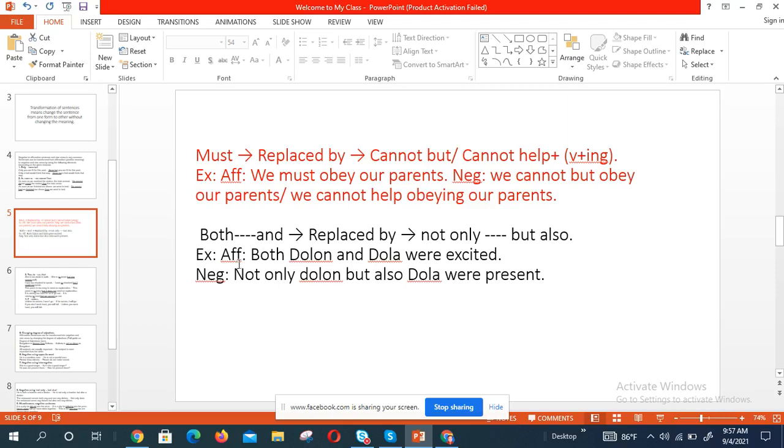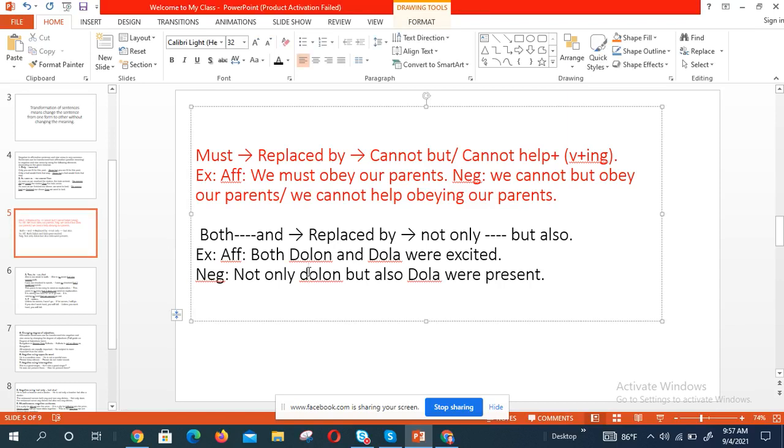You get both, so you have to convert it into negative by using not only. Not only Dolon but also Dola were excited.